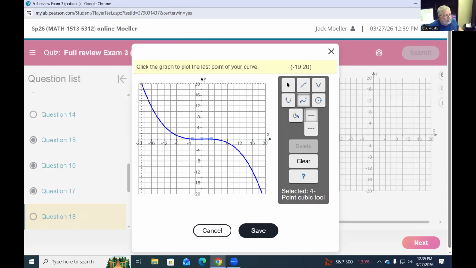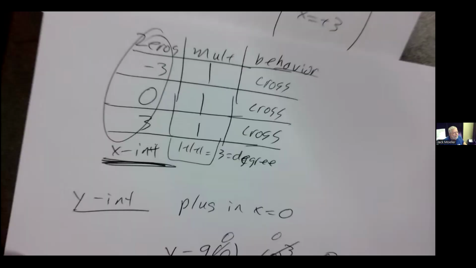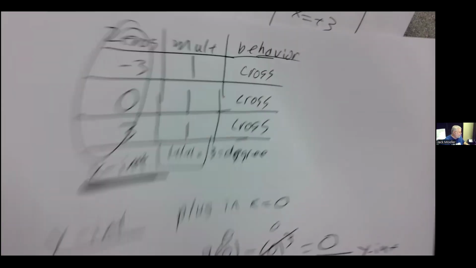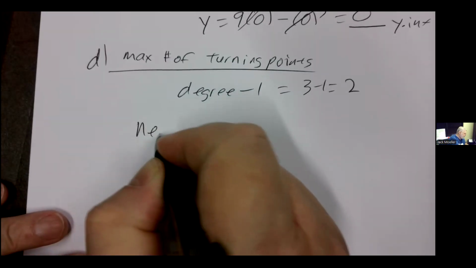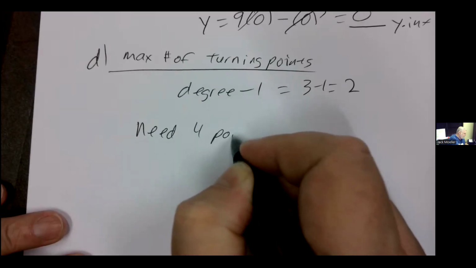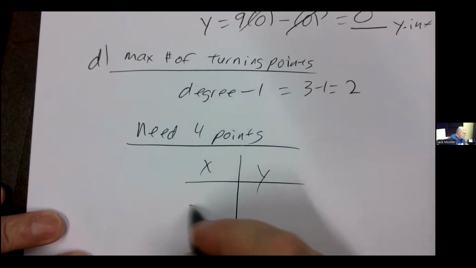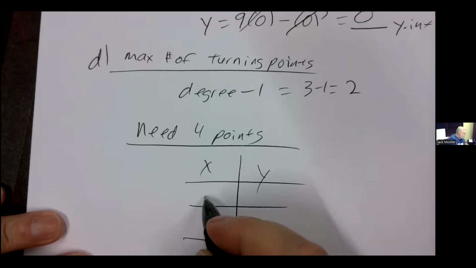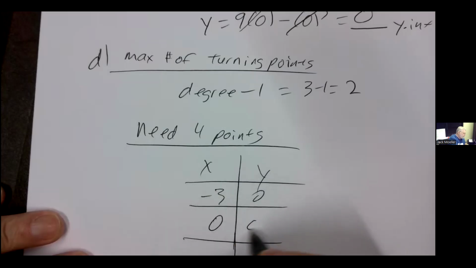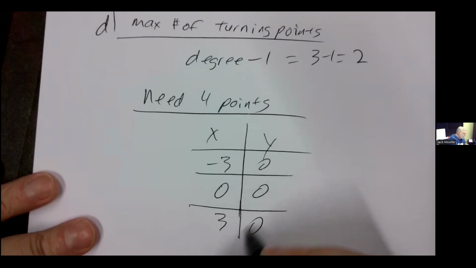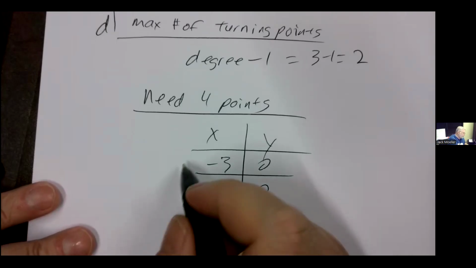So here's what we're doing with the points. We need 4 points. From our x-intercepts, we had -3, 0, we had 0, 0, and we had 3, 0. Those were our x-intercepts.